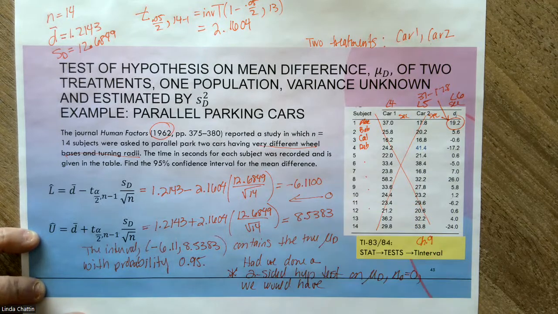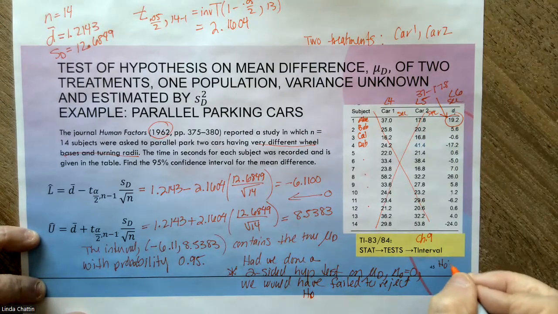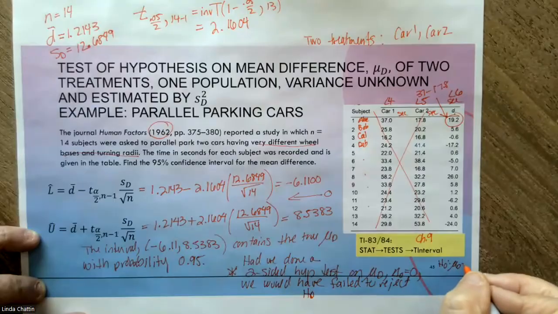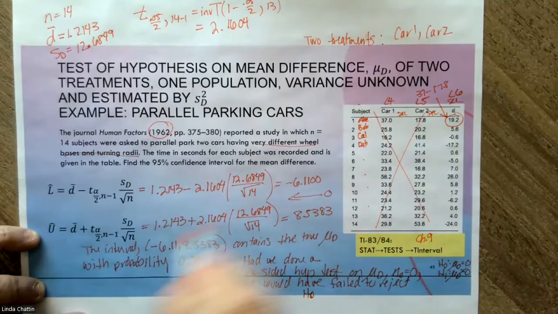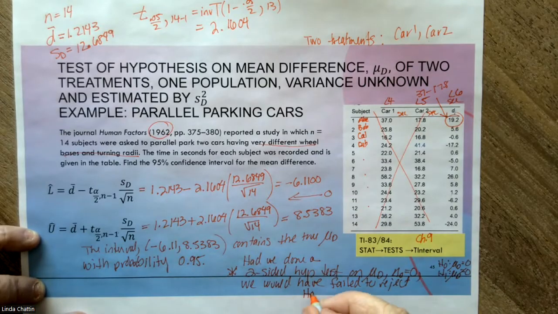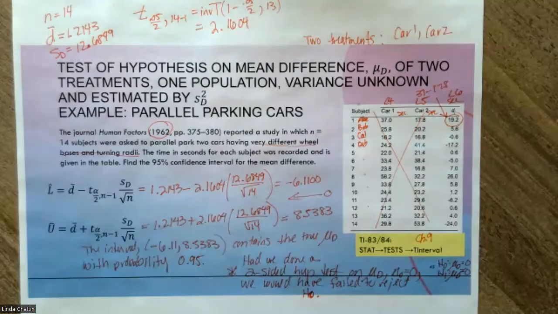So because 0 is in the interval, we would have failed to reject H naught. Right? A two-sided test would have been mu d equals 0 against mu d not equal to 0. And since 0 is in the interval, we would have failed to reject H naught. So you've seen that before, and it's not the last time you're going to see it.